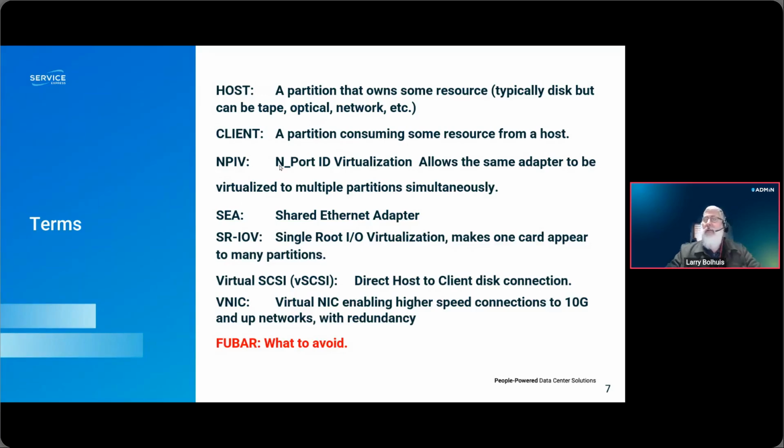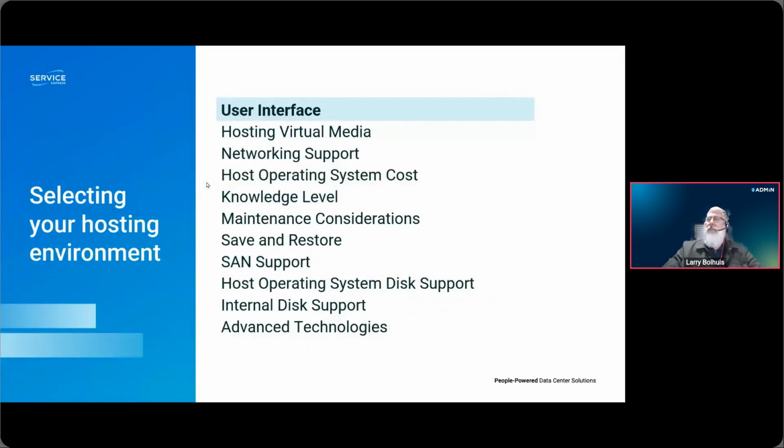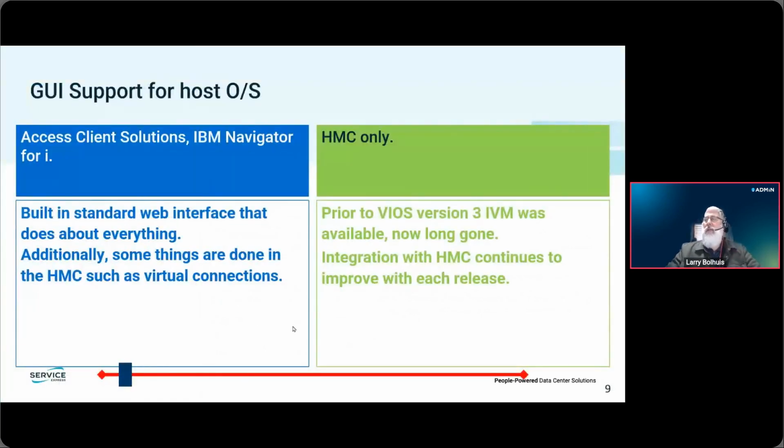So let's get started, starting with the user interface. In the case of IBM i, we're going to talk about the GUI support in the host operating system. On IBM i, we have Access Client Solutions. If you don't know what that is, it's possible you're in the wrong session. Access Client Solutions has been around for a long time now.